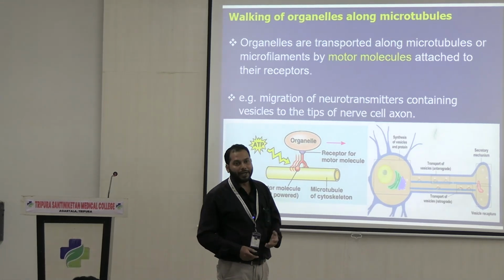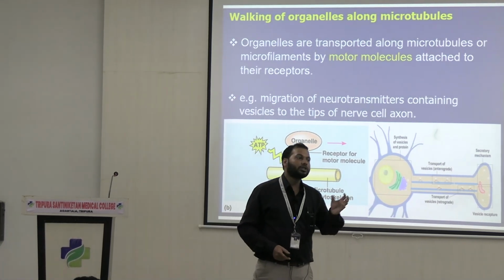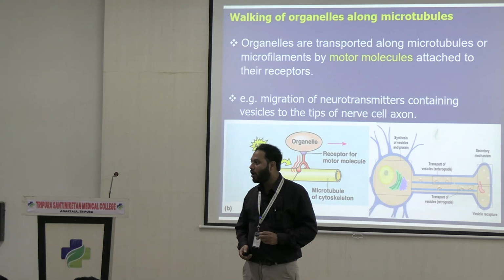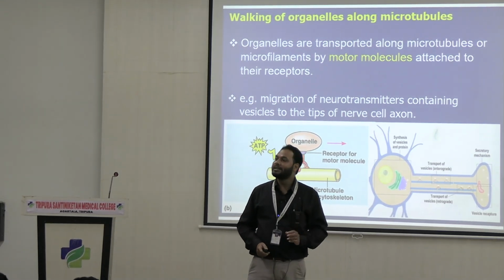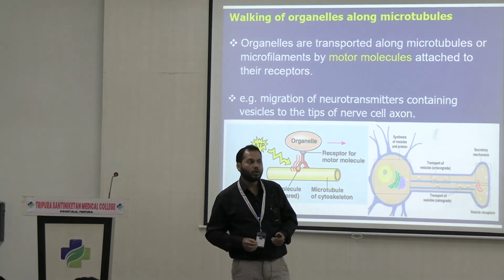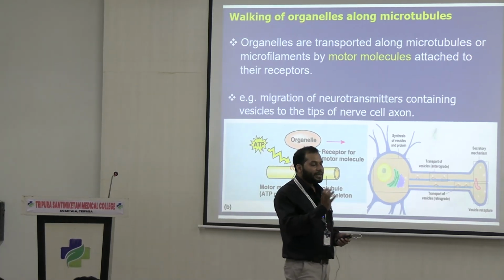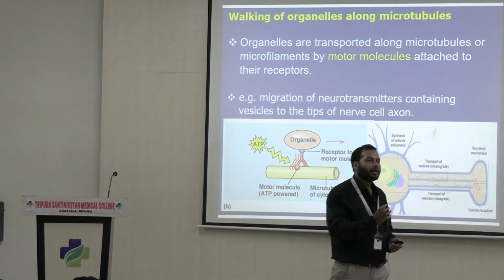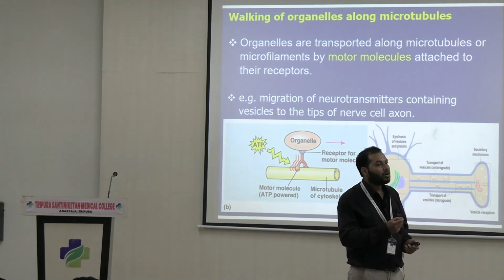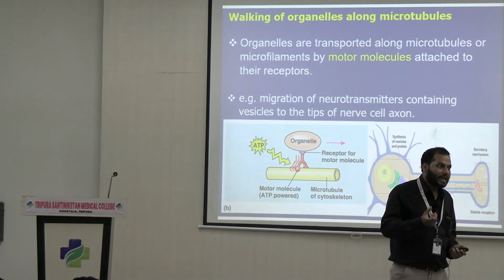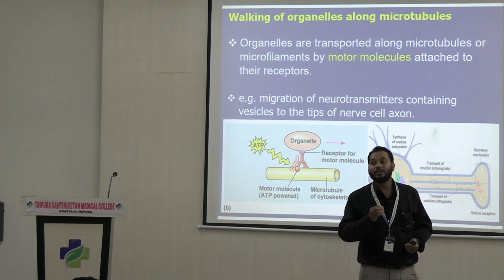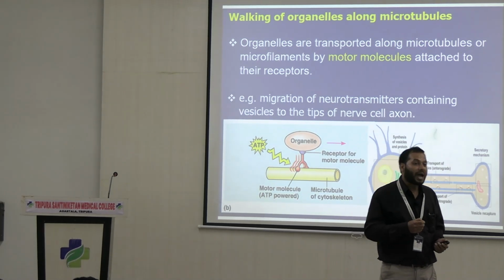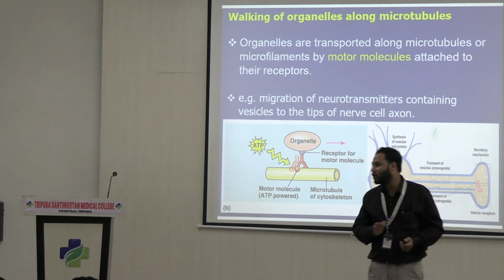In anterograde transport, the most important motor protein involved is kinesin. In this case, this kinesin protein carries the cargo from the center of the cell towards the periphery, along the microtubule structure.